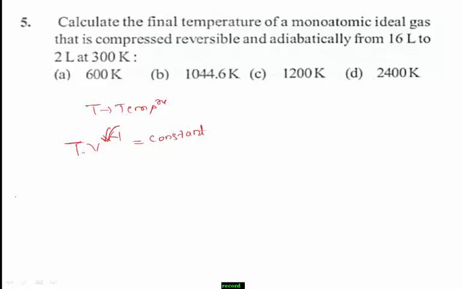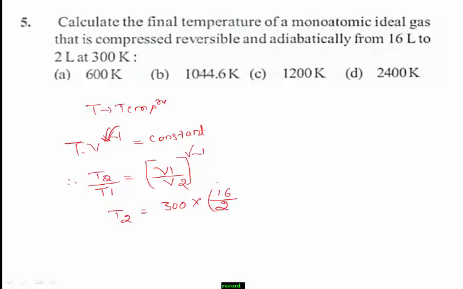Therefore, there are 2 temperatures given. T2 by T1 equal to V1 upon V2 to the power of gamma minus 1. Here T2 is equal to 300 into the given 16 liter divided by 2 liter to the power of 5 by 3 minus 1.